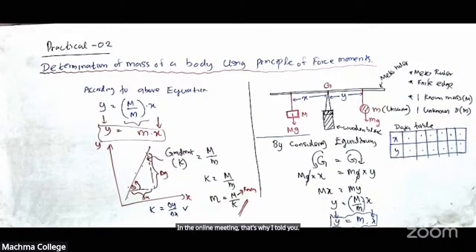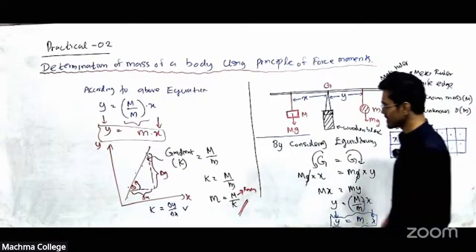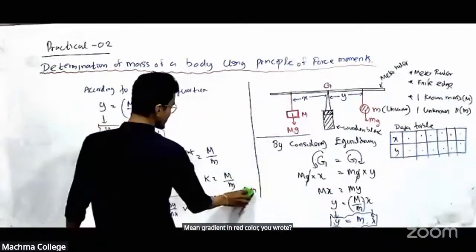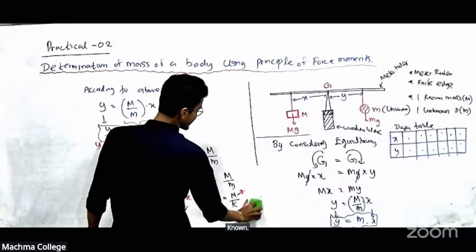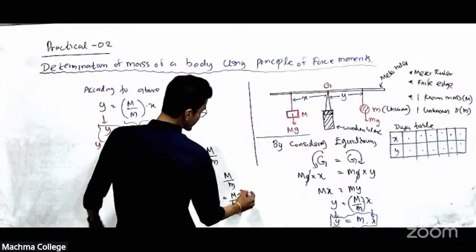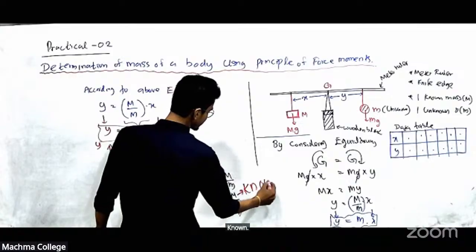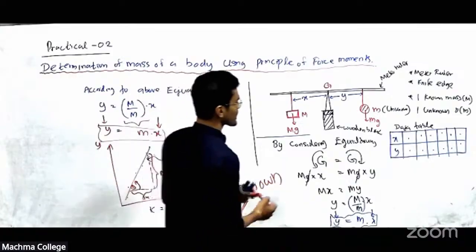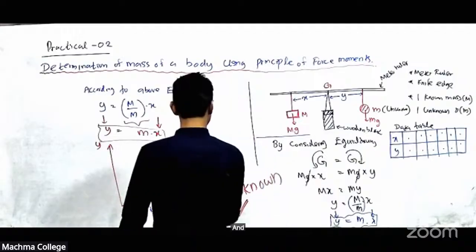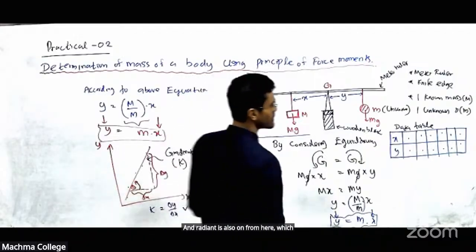So what is capital M in gradient in red color you wrote? Known. And gradient is also known from here, which means M can be determined.